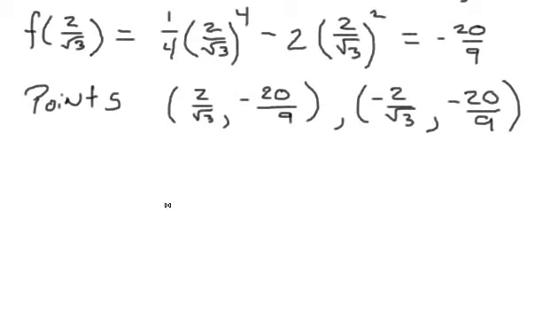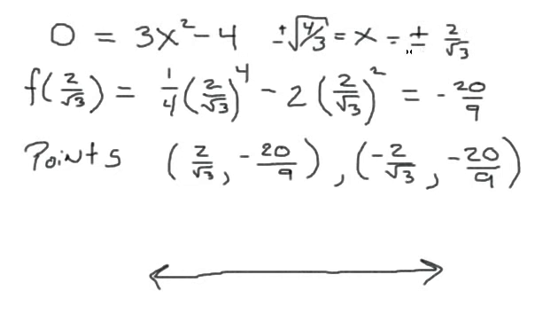Okay, so now we're going to draw a number line. And on this number line, we're going to plot these guys right here: 2 over the square root of 3 and negative 2 over the square root of 3.